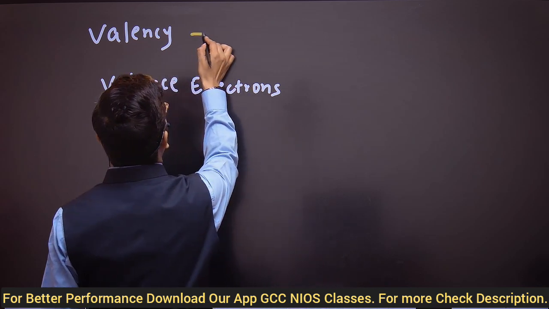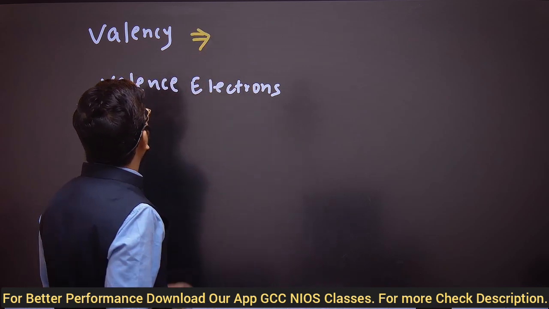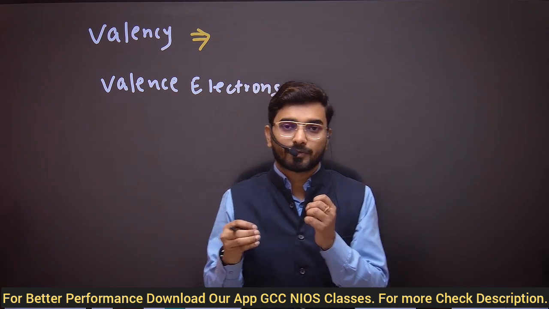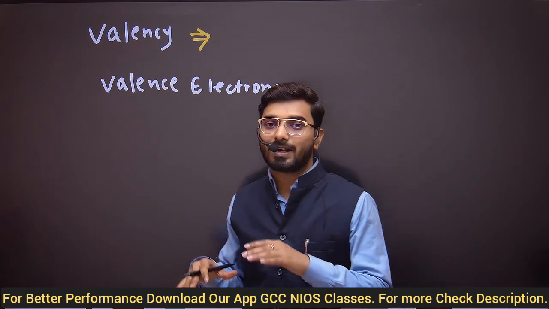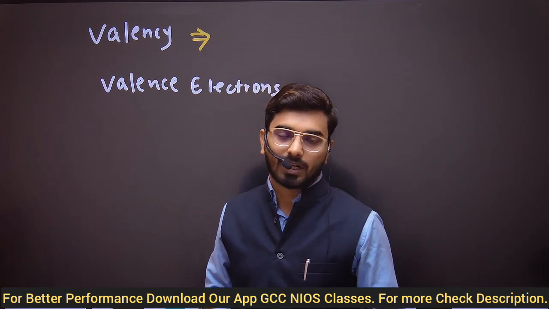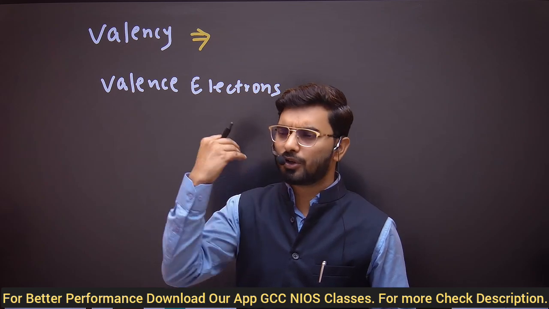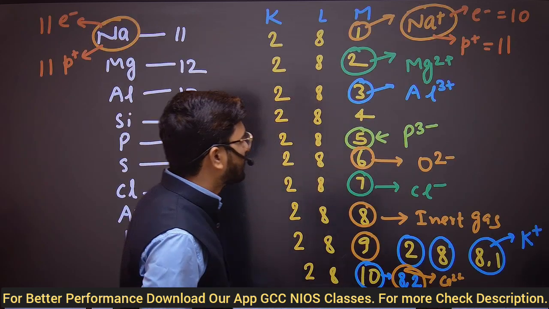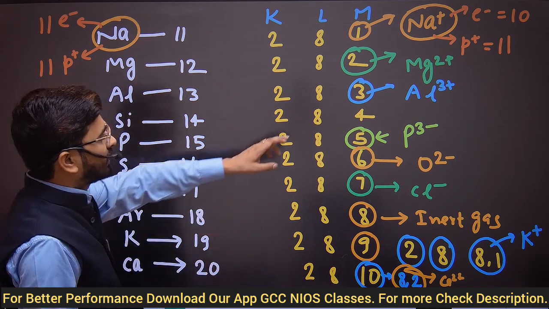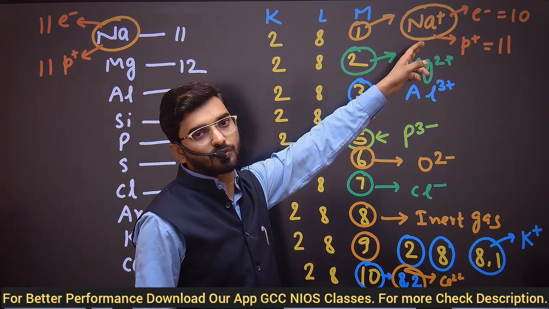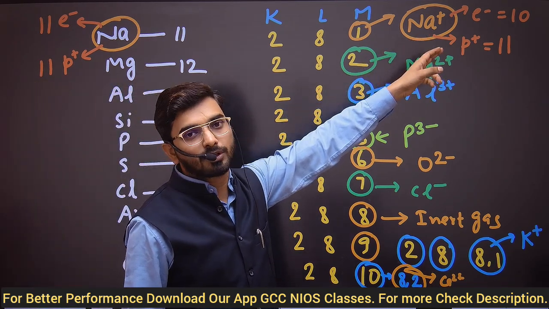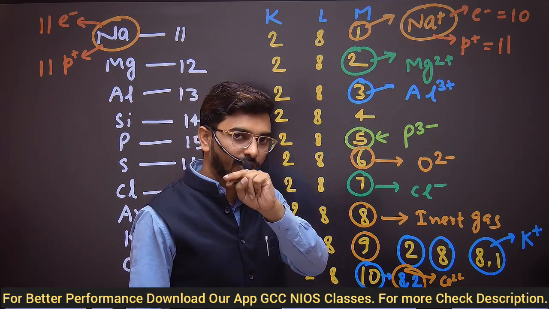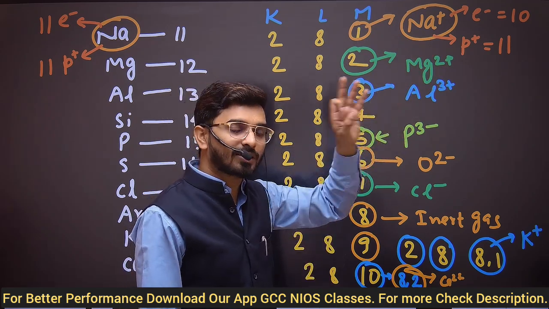First of all, learn about valency. Valency means what? The number of electrons that are transferred, for donor and acceptor both. For example, see here, in the case of sodium, the valency of sodium is 1, because sodium is donating its 1 electron, magnesium is donating its 2 electrons, aluminum is donating its 3 electrons.